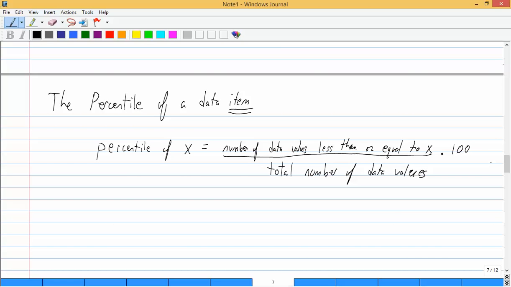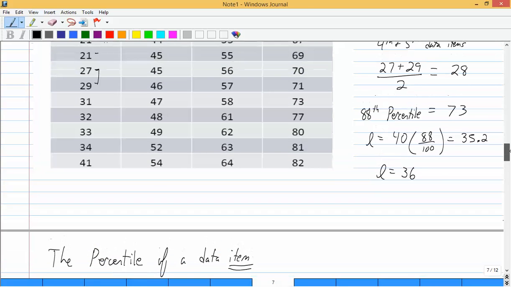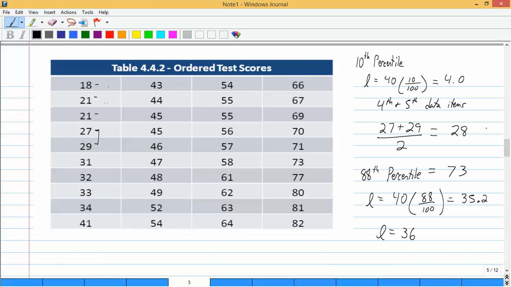Okay, so let's say that we wanted to know the percentile for a score of 50, relative to the same table from the book. We would need to count the number of data items less than or equal to 50.